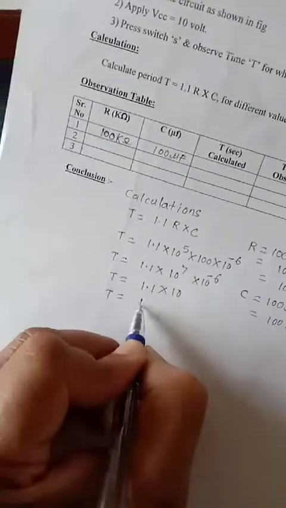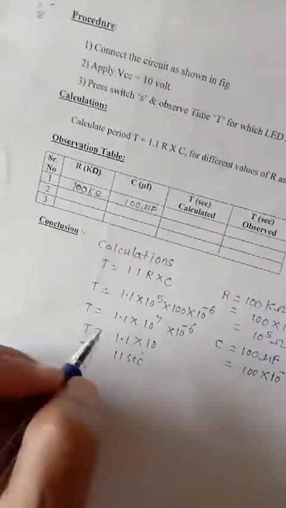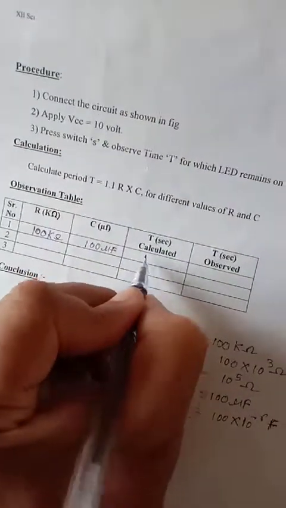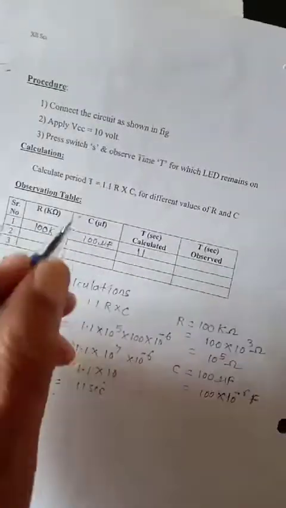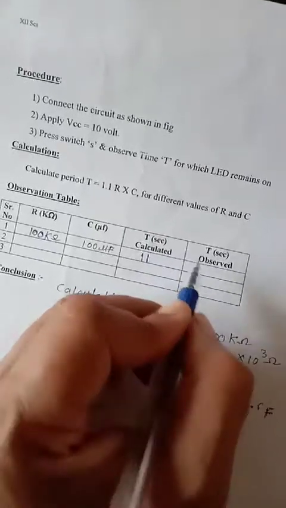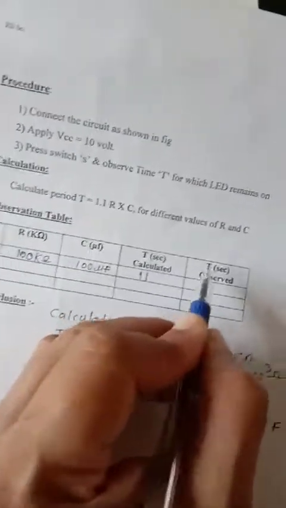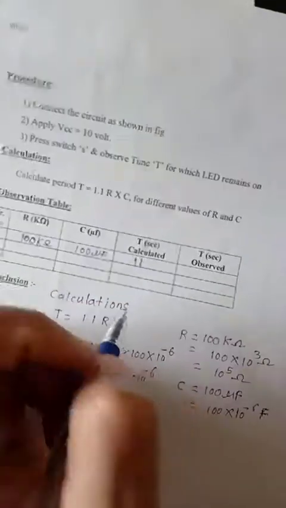Therefore T is equal to 11 seconds. So the calculated time is 11 seconds. Write here 11 seconds. Now practically we have to observe the time for which the LED is on, and it should be nearly equal to 11.